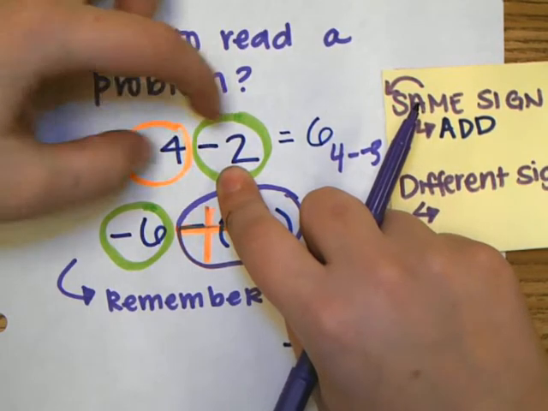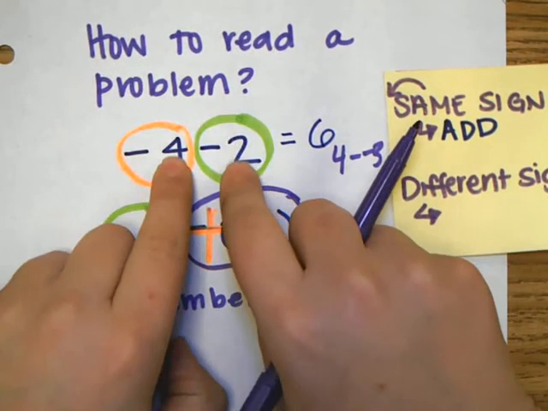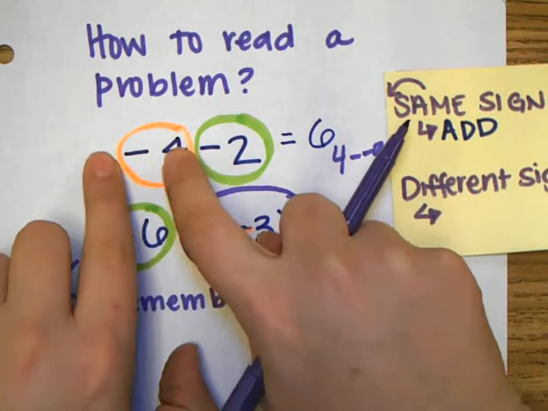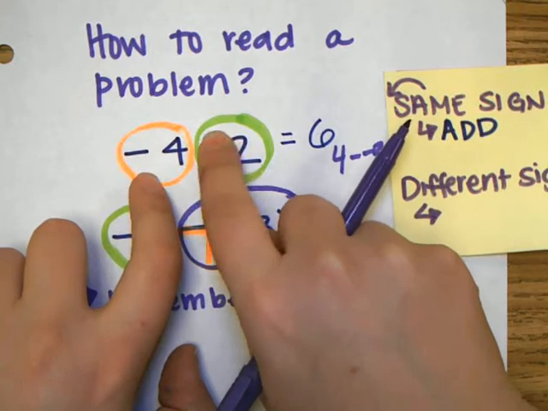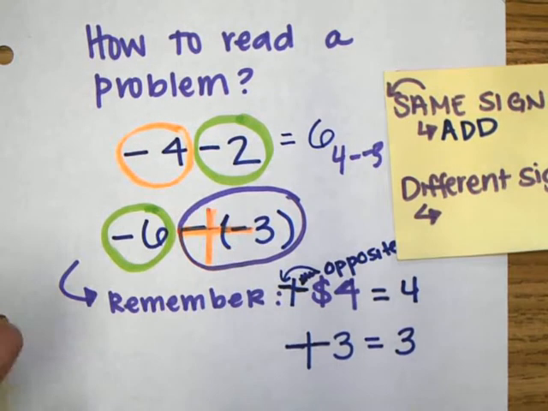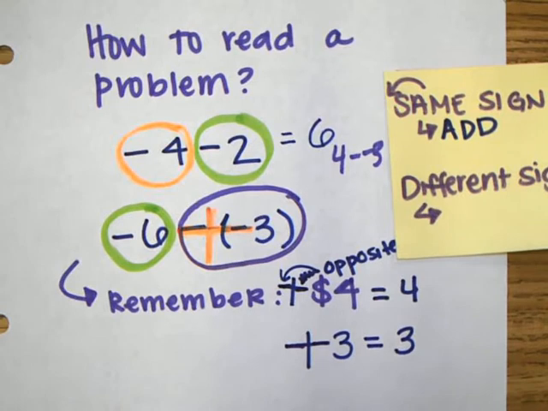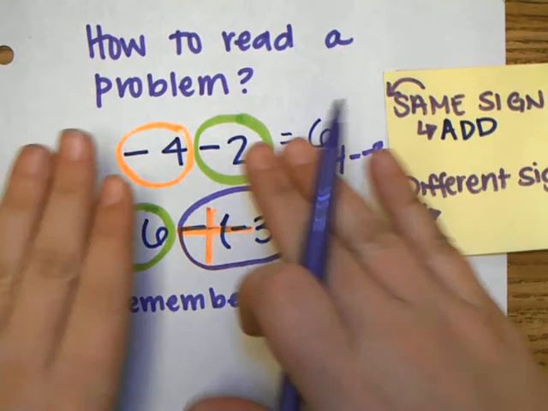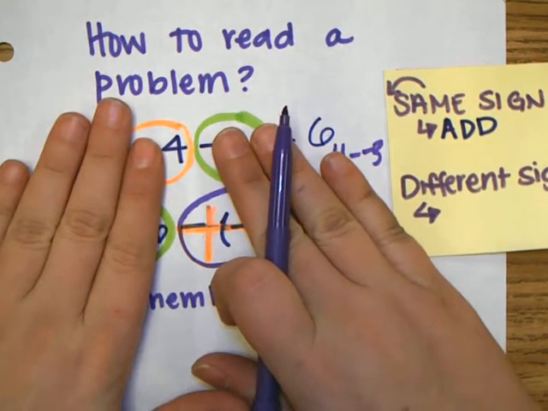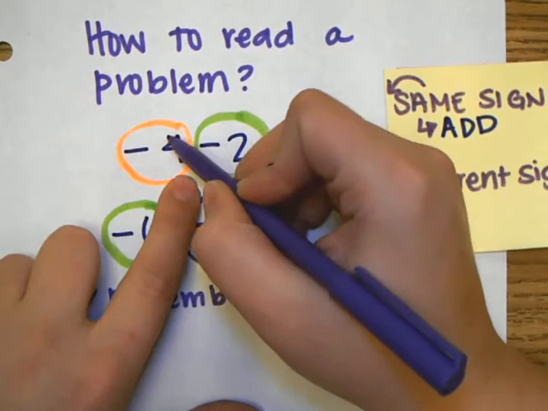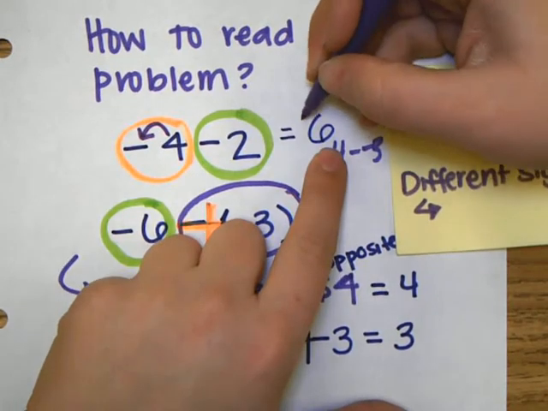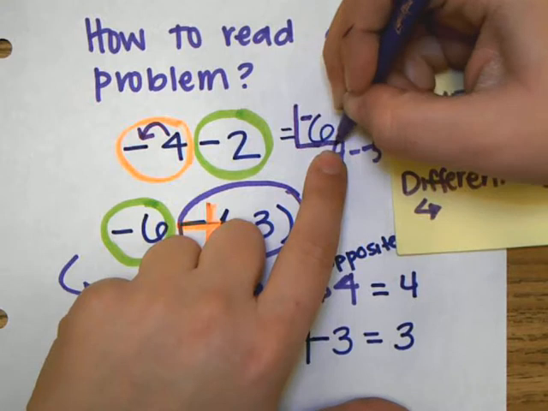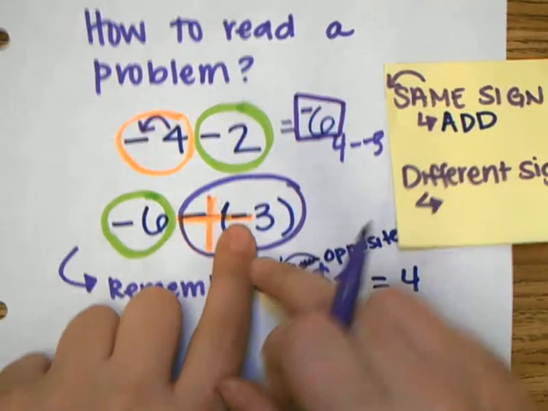Notice how I said that. I didn't say which one's bigger, -4 or -2. I'm just looking at the number. In other words, the absolute value of -4 is 4, and the absolute value of -2 is 2. So you're technically looking for which number has a larger absolute value, distance from 0. I'm thinking if these numbers were positive, which one's bigger? 4. So you look in front of it, and that tells you that the answer is not 6, but -6.